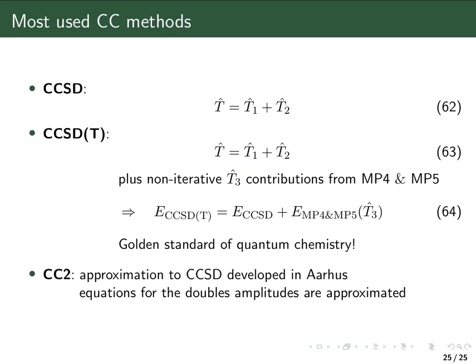But it's not a correction from coupled cluster equations; one actually takes Møller-Plesset perturbation theory expressions from fourth and fifth order, which include the triples contributions to the energy. So CCSD(T) is a mixed method. It has a pure coupled cluster singles and doubles contribution, and then a contribution where one uses the equations from fourth and fifth order Møller-Plesset perturbation theory for the triples contribution to the energies.